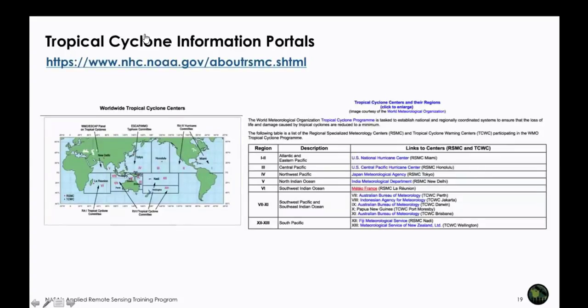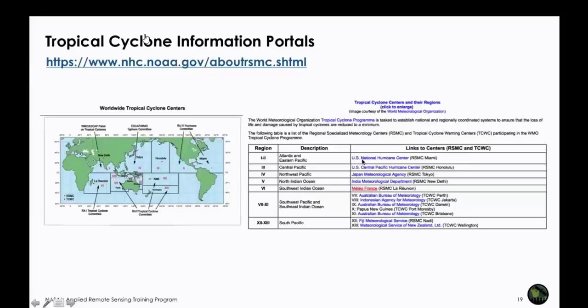So this is the site to go to, and all the regions where storms formed are shown here, and numbered 1 all the way to 8. And what you see here is, depending on which region you are in, based on these numbers, you can go to any of these sites listed here. Again, this is from WMO information.